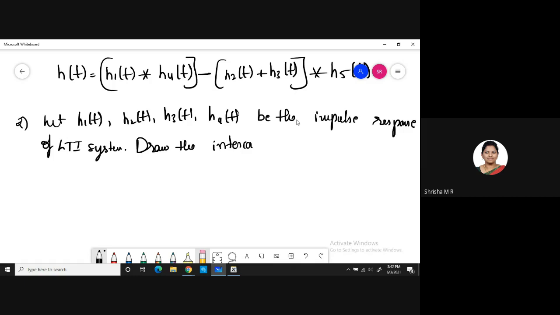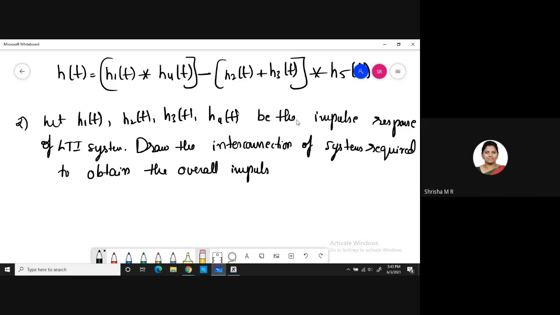Draw the interconnection of systems required to obtain the overall impulse response. Okay, so they'll give you the equation. You have to draw the interconnection of systems accordingly. So take down the equation.